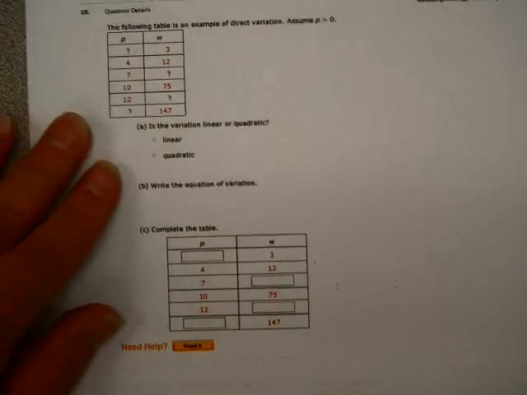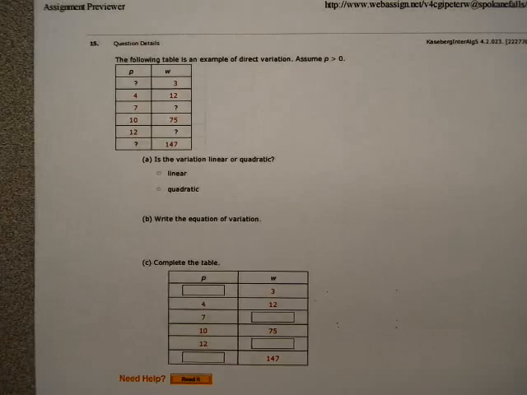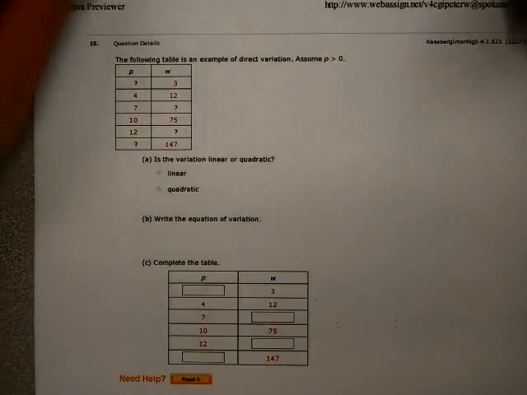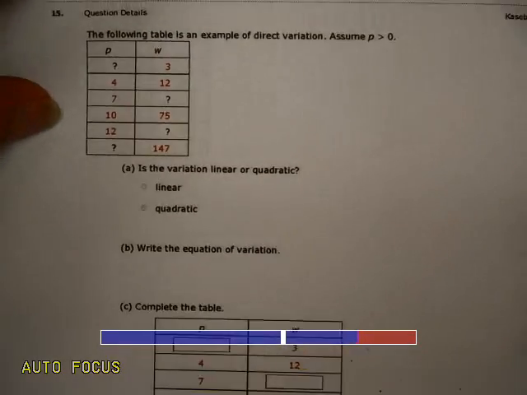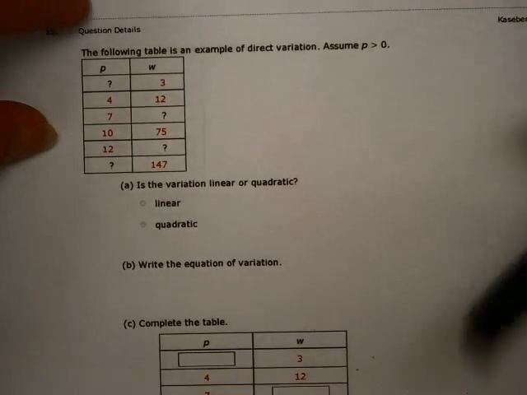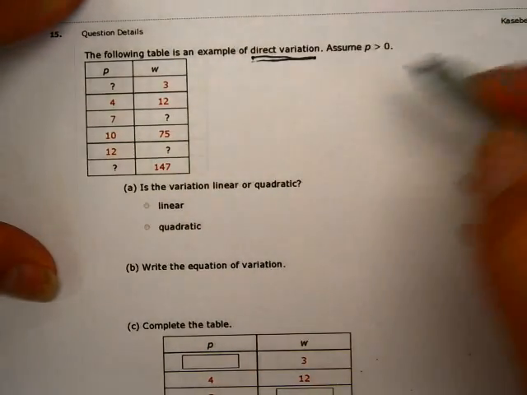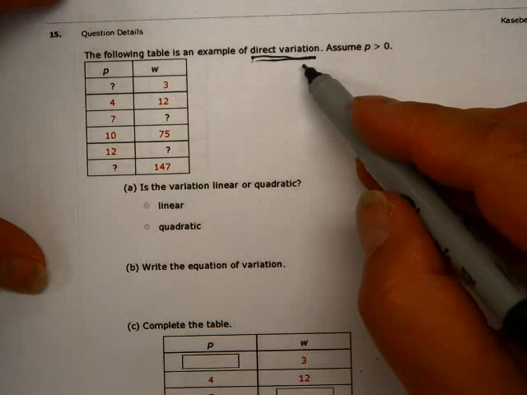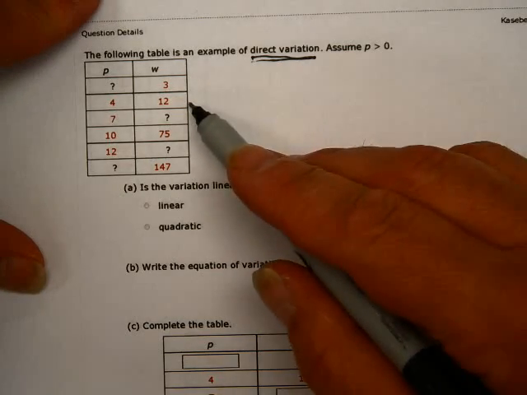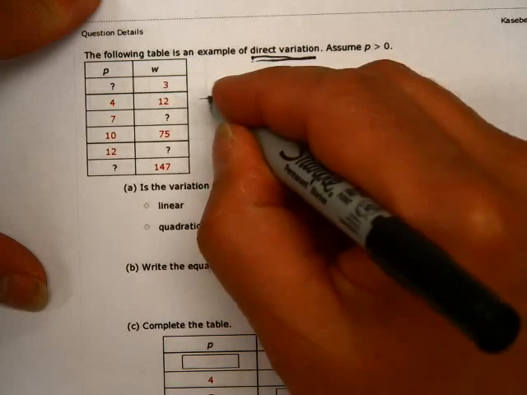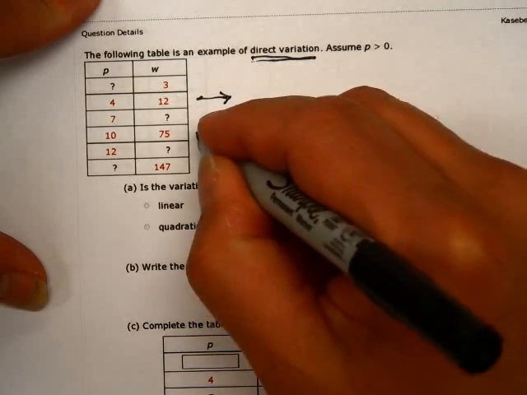Okay, let's take a look at some kind of interesting problems here. Here's a table. This again is from WebAssign. It tells you that this is an example of direct variation, but it doesn't tell you if this is linear or quadratic. How can we tell? Well, if it were linear, look at this problem one and this one.